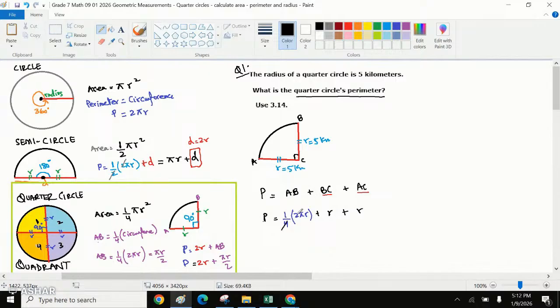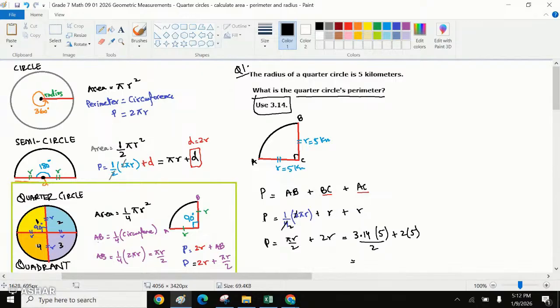So can we say, cancel this out, perimeter is pi r upon 2 plus 2r. Once we substitute the values into the formula, pi can be taken as 3.14 multiplied by the radius, that is 5, upon 2 plus 2 times 5.